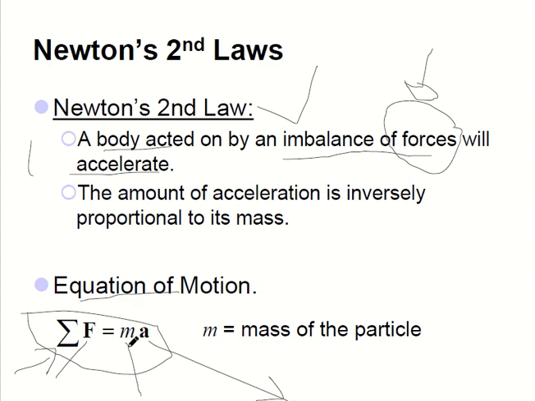And we write it, of course, as a mathematical equation. So we have to know how much of this mass is how much of that amount. The amount of acceleration is going to be inversely proportional to its mass. Why? Because the only physical thing in this phenomenon is your object, which is your mass.